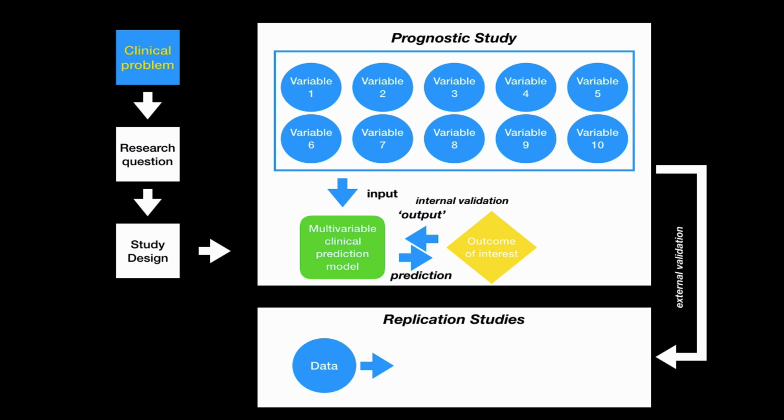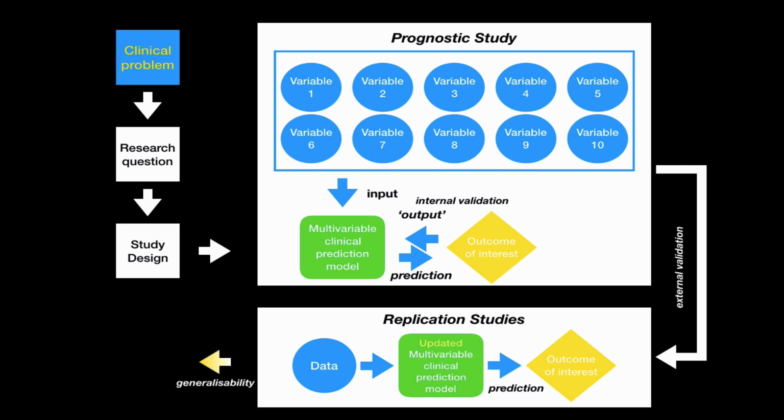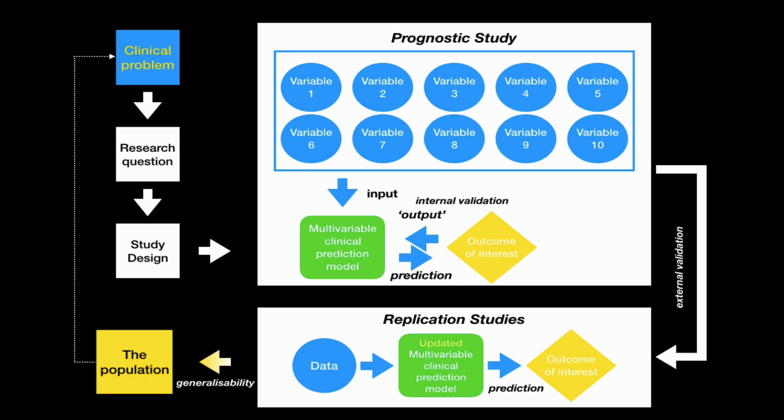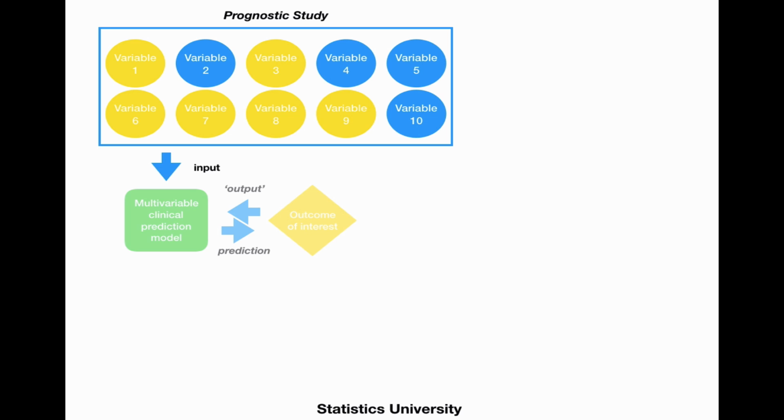We do that in replication studies, where the data of these external cohorts are used to update the multivariable clinical prediction model along with its equation, with the same goal to predict the outcome of interest. After external validation and model updating, we have increased the generalizability of the model, which means that we can use it in the population to inform us about our clinical problem. That's the basic process for building and validating a prognostic model.